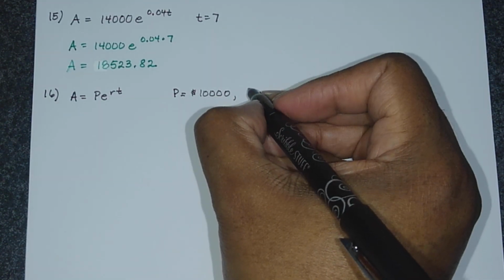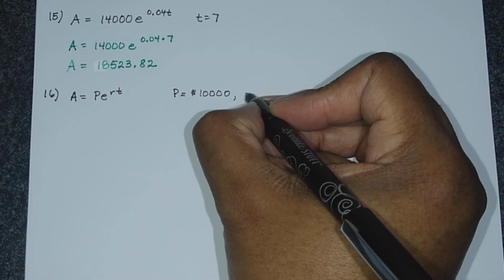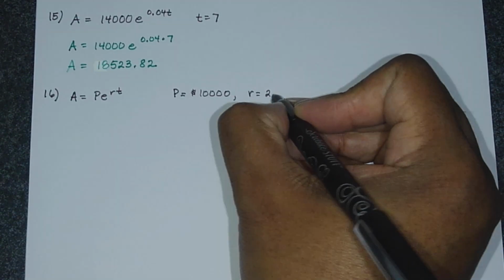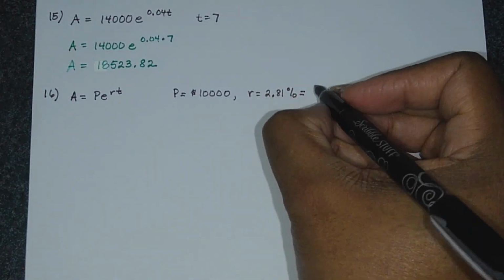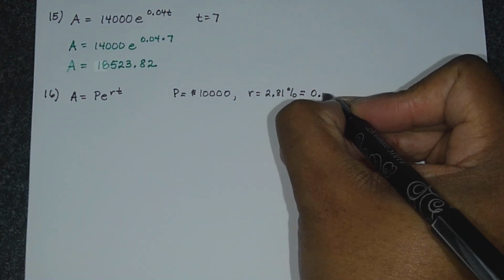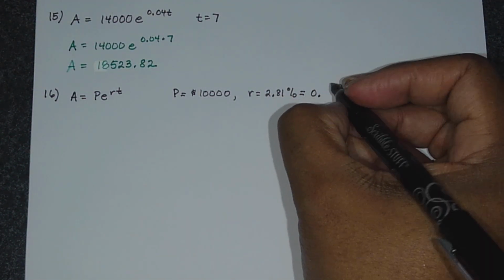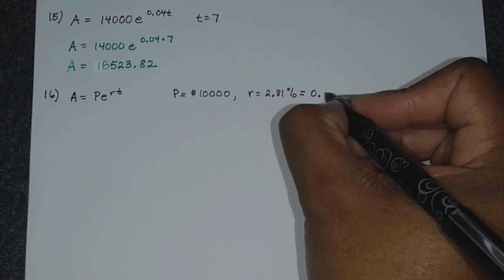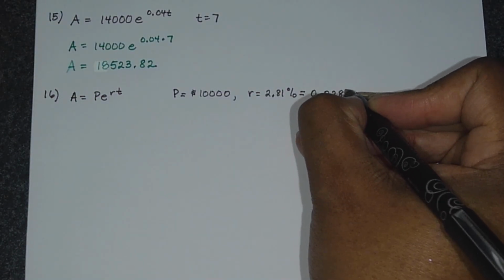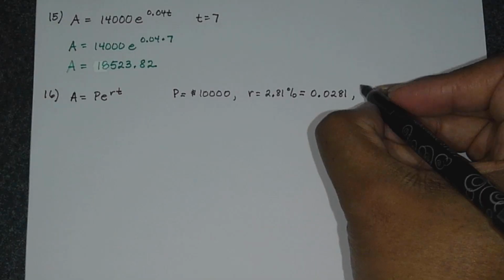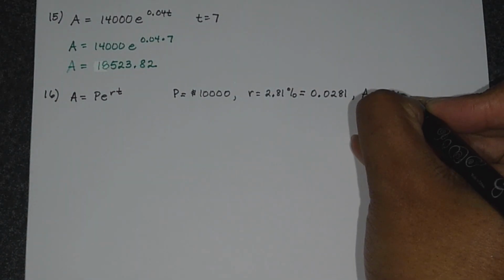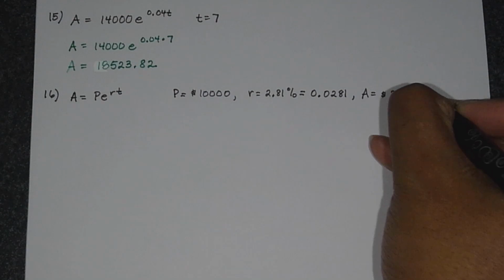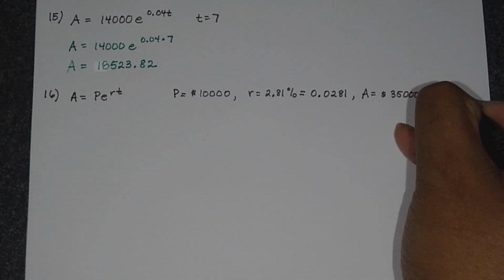The interest rate is 2.81% compounded continuously. But what's 2.81% as a decimal? 0.0281. Okay. All right. And of course, the amount that we want to reach is $35,000. t is what we're trying to find.